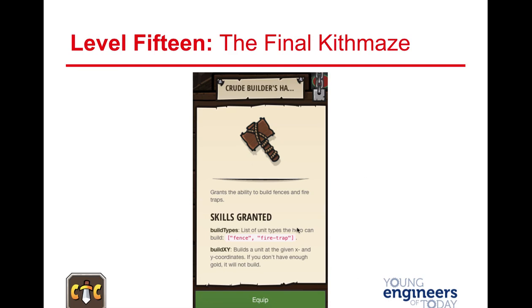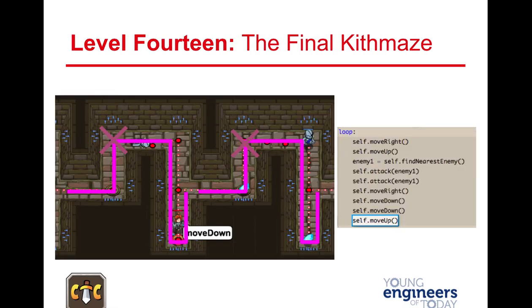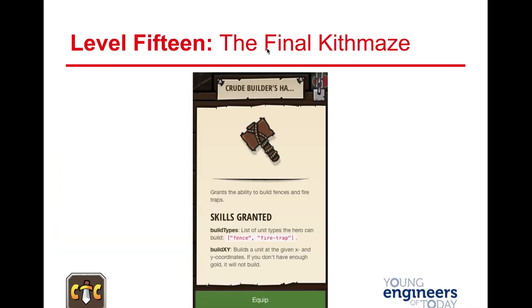In the last level of this world, called the final Kith Maze, not sure if that's actually what it's called. I think that name is wrong. I think it's like getting out of the Kith Maze or something like that. But you get the crude builder's hammer, and it does give you two new methods, build types and build XY.